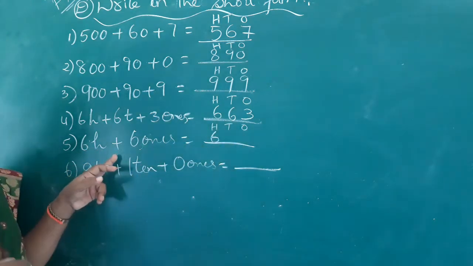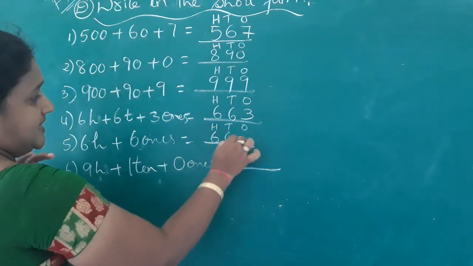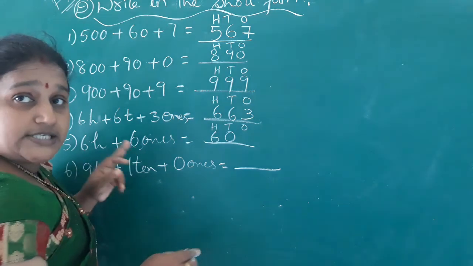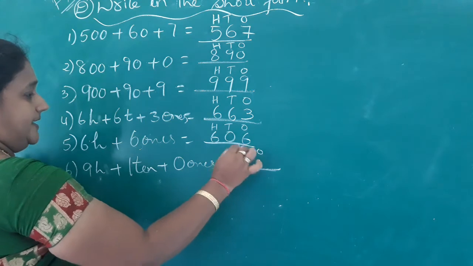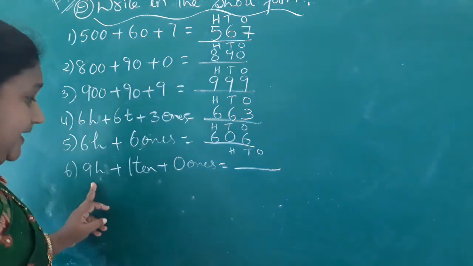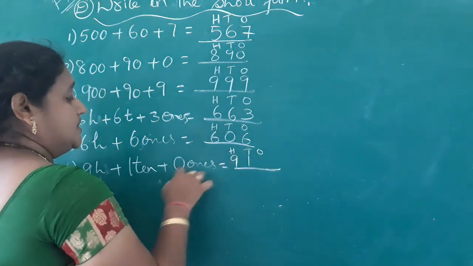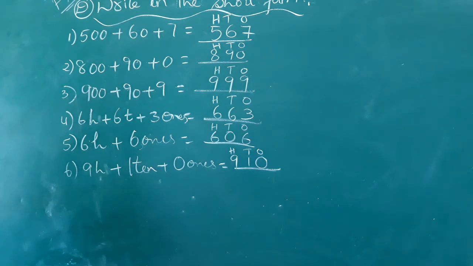Not yet given 6 tens, children, so leave that gap with 0. 6 ones. Next, 900s, 1 ten, 0 ones, so 910. Like that, you can write the expanded notation into short form notation.